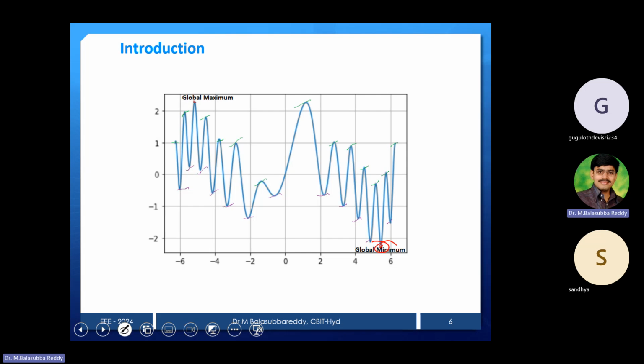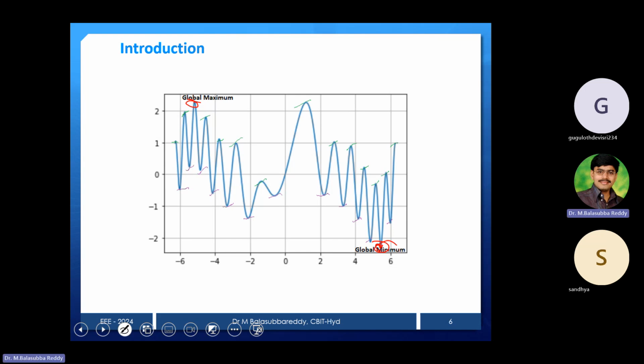The highest value we treat as the global maximum, and the lowest value as the global minimum. If you want to see the individual case, what is the g-best here? This highest maximum is the g-best, and in the case of a minimization problem, the lowest minimum is the g-best.